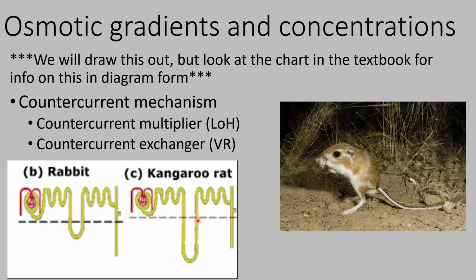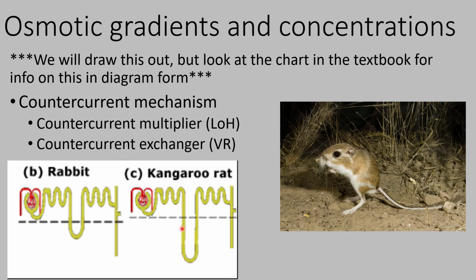They want to make sure that water that's in their body does not remain in the filtrate. And they do that by having this really long loop of Henle. And during that time that the filtrate is passing through that long loop of Henle, we are reabsorbing. We are maximizing the amount of water that is being reabsorbed.